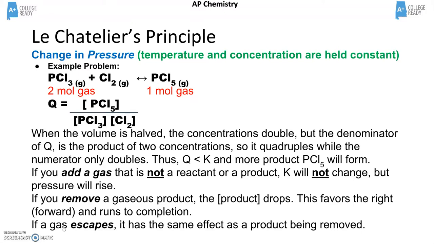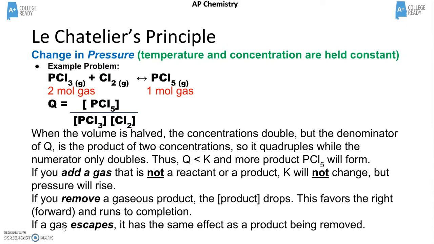Look at the denominator of Q. The numerator is the products and the denominator is the reactants. So if I double it or triple it, it's going to affect the shift in which direction, depending upon if I'm looking at my product side or my reactant side.